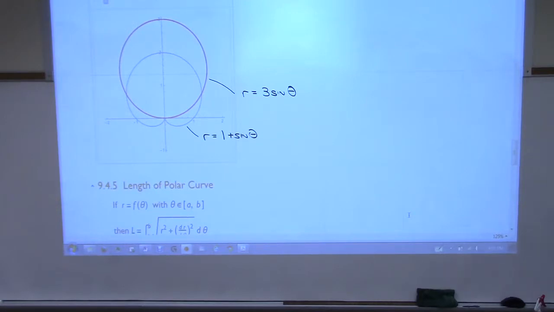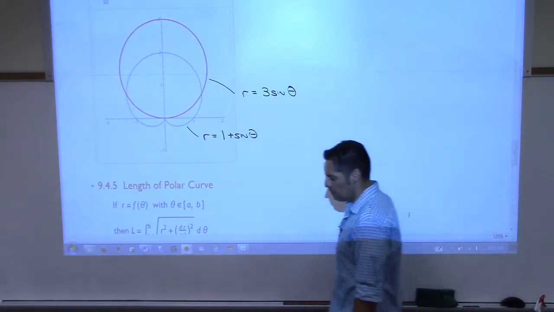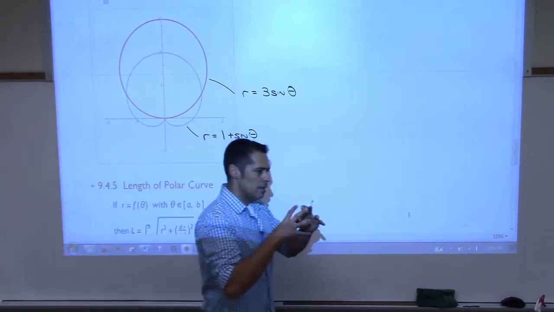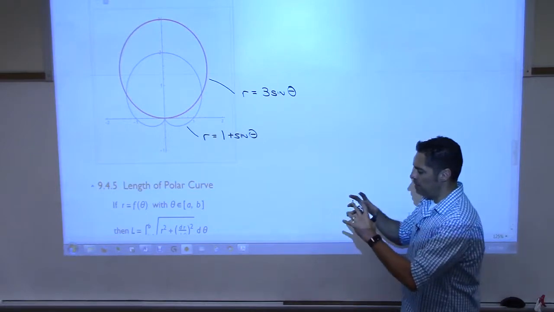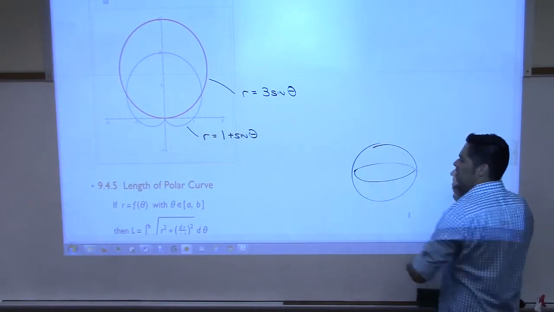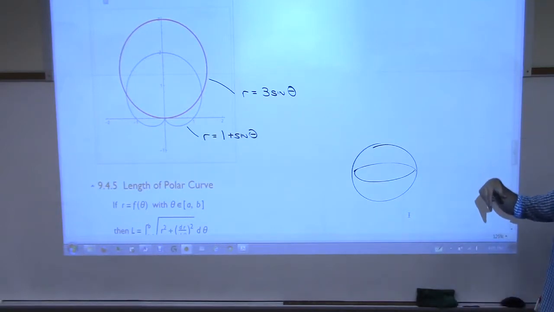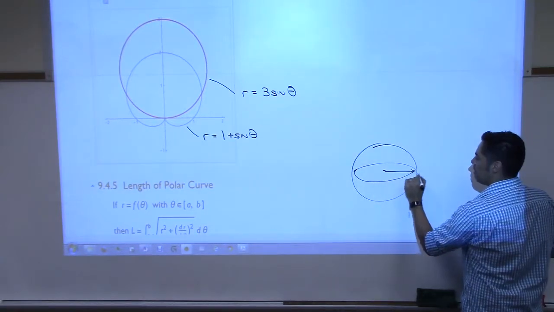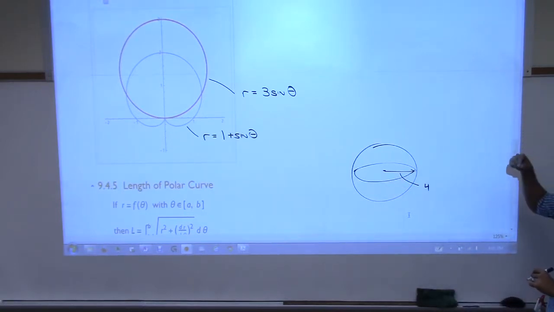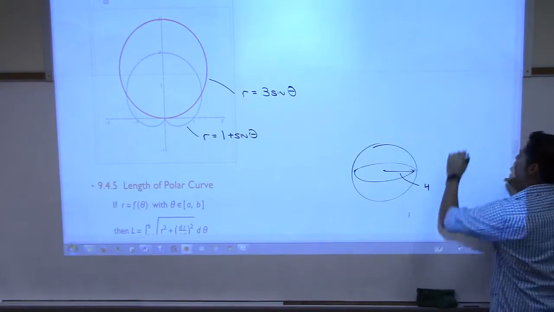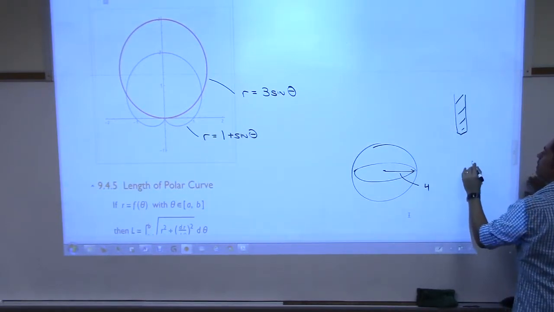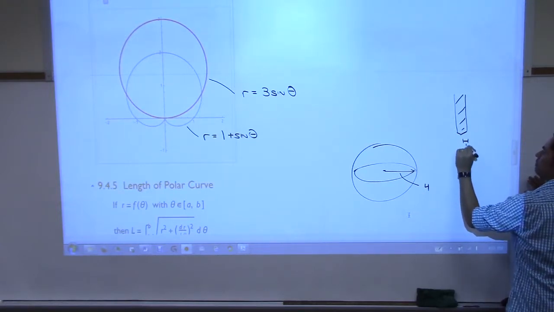There's a problem that I have in my Cal 3 class where we take a sphere, 3-dimensional, and we take a drill. Let's say the radius of the sphere is 4. Here's my drill bit. It has a radius of 1.